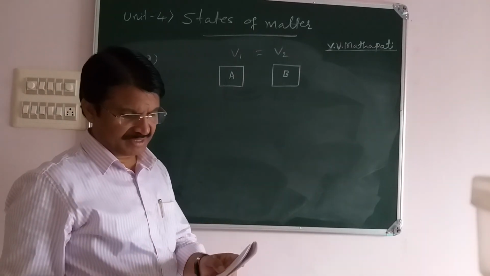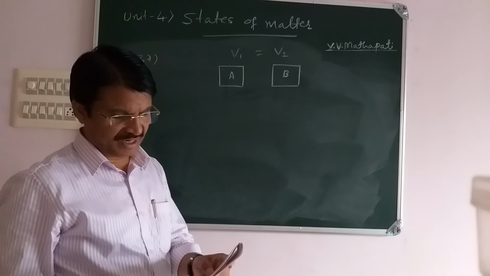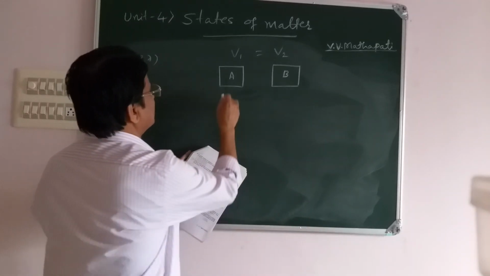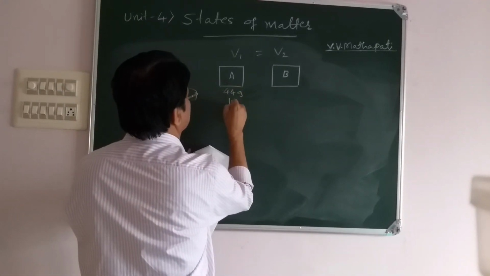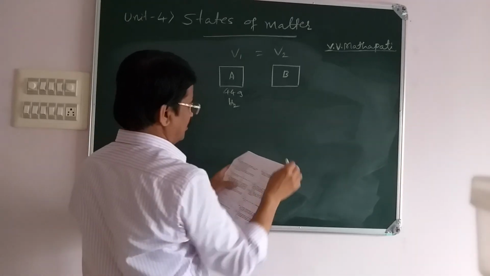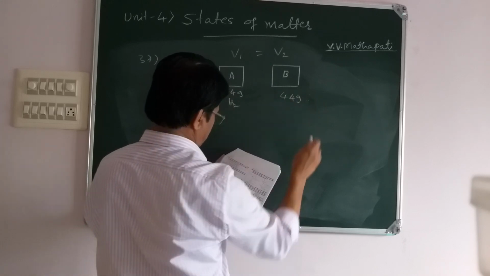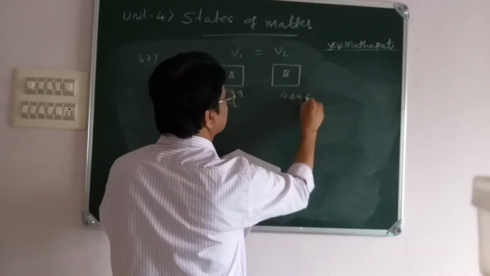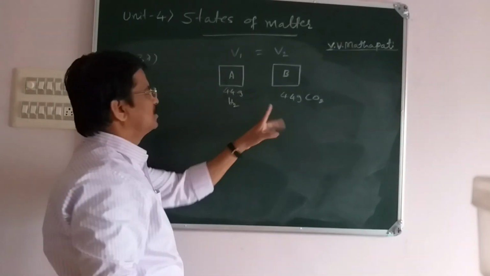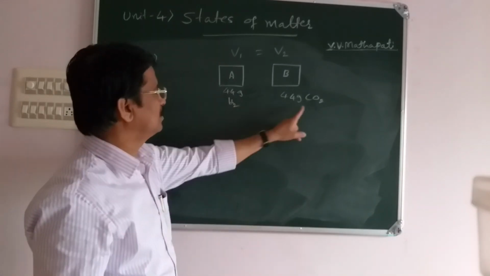Two gas cylinders having same capacity have been filled with 44 gram of hydrogen, 44 gram of CO2. Mass also same, but gas is different. Hydrogen, CO2.